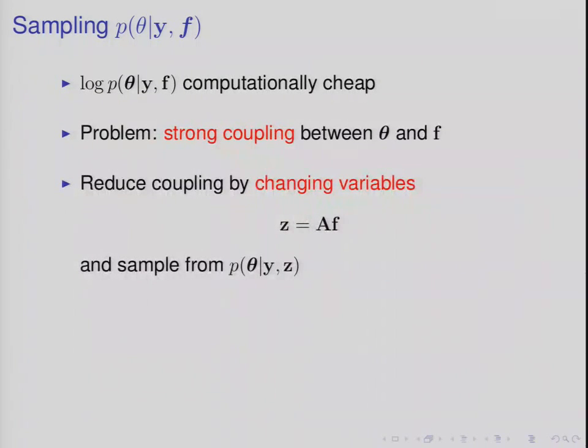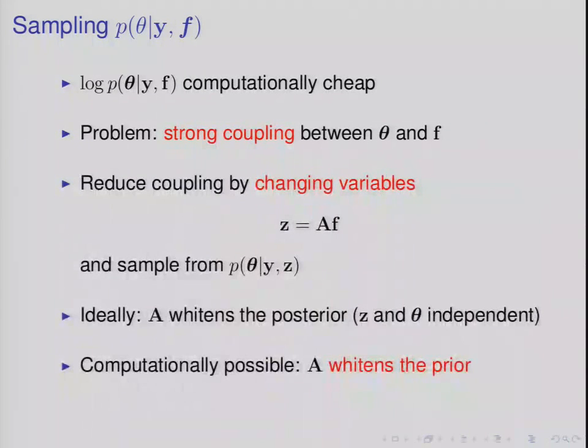We want to make this transformed z as independent of theta as possible by this linear transformation. And ideally, this would whiten the posterior distribution, in which case z and theta would be independent and the Gibbs sampler would be very efficient.